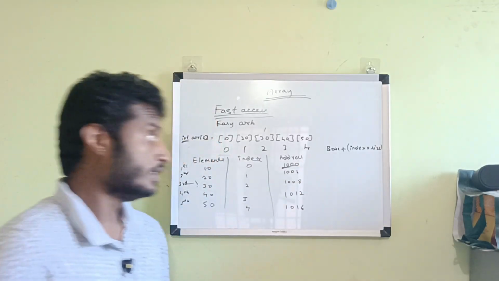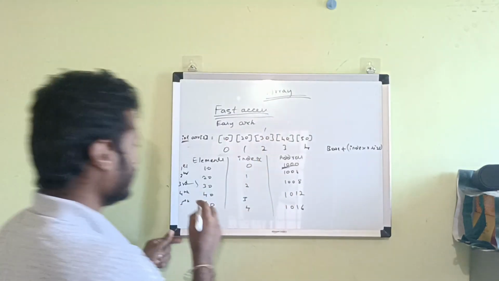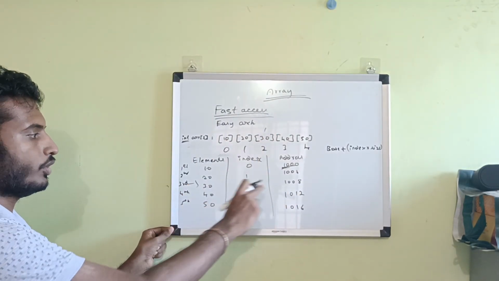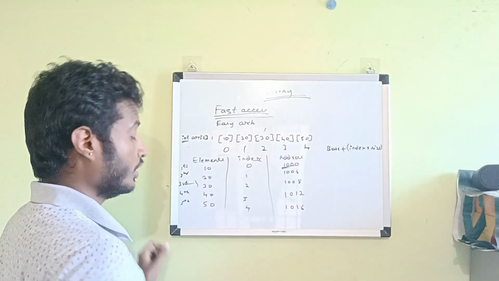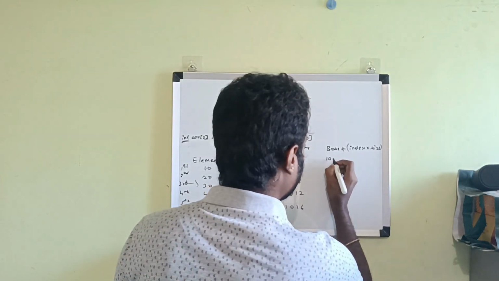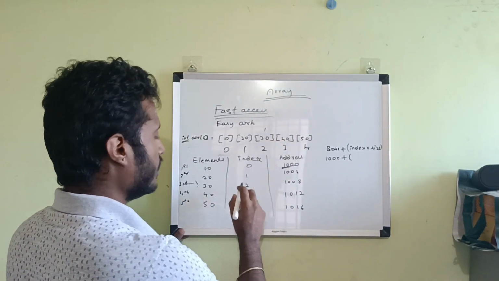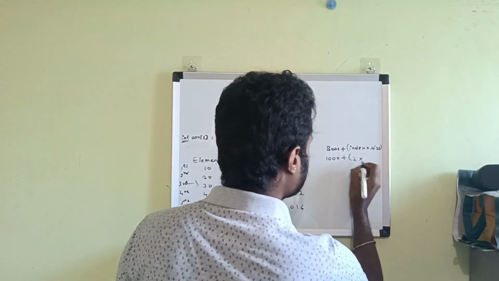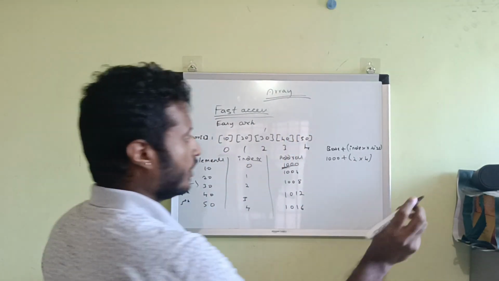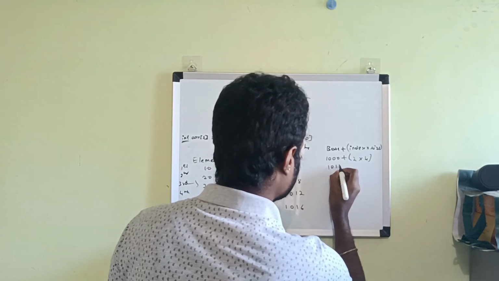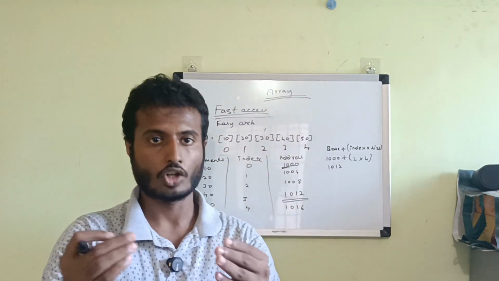Now, imagine we want the address of the third element. Base is 1000, plus index, which for the third element is 2, times size, which is 4. Two 4s are 8, so 1008. Wait, let me recompute: it gives 1012 as shown. It's not magic, it's logic.